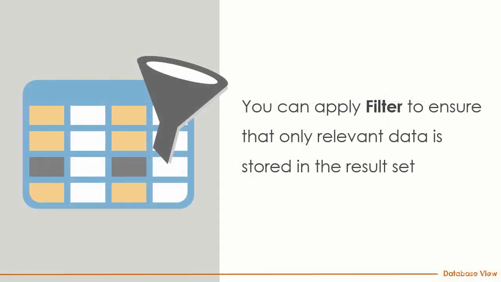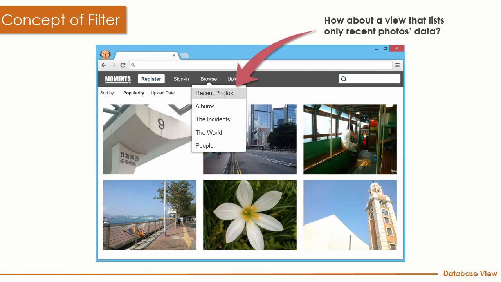There is one more advanced feature you can use with views. You can apply a filter to ensure only the relevant data you want is showing up in the view. Let's take another example. Say we want to show the recent photos, just the photos uploaded within the last 5 days.